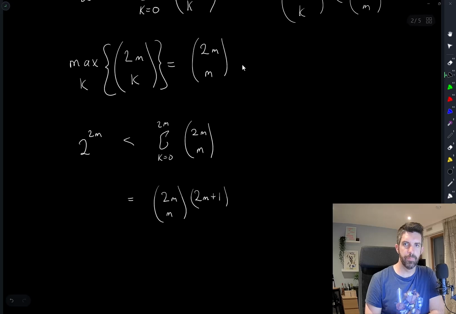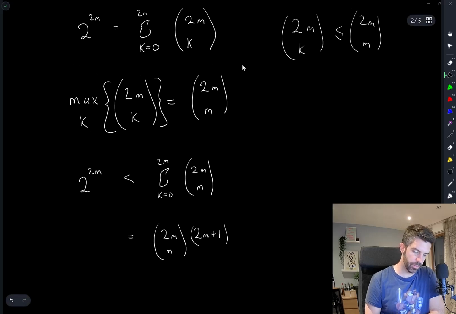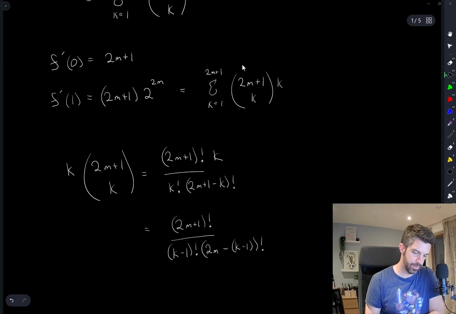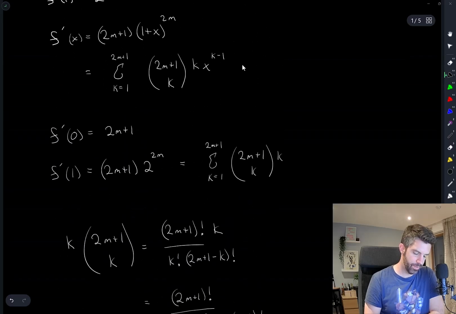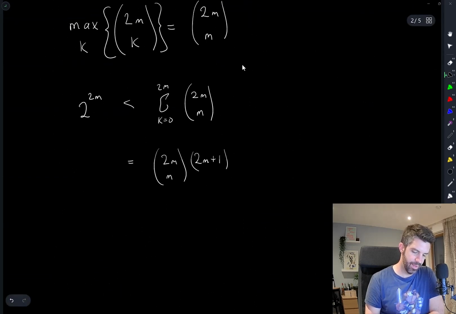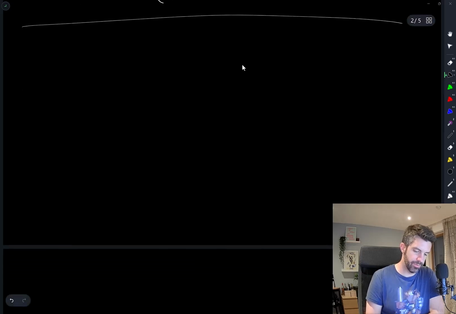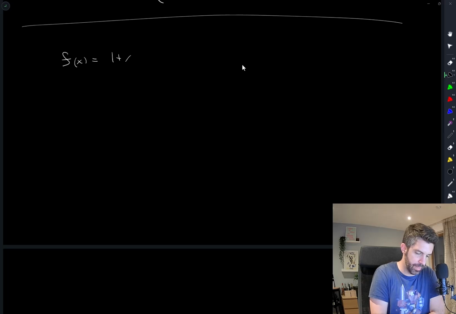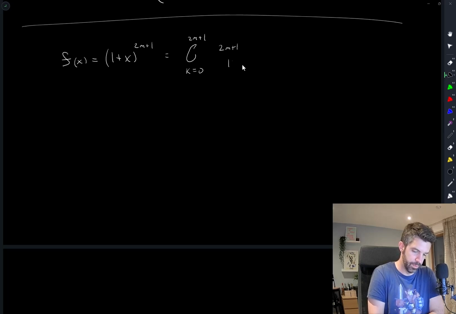What about, maybe I should just start with, I'm going to do this all again without taking a derivative. I don't know why I was fixed on taking a derivative. So f of x is equal to (1 plus x) to the 2m plus 1, which is equal to the sum, k goes from 0 to 2m plus 1, of 2m plus 1 choose k times x to the k.